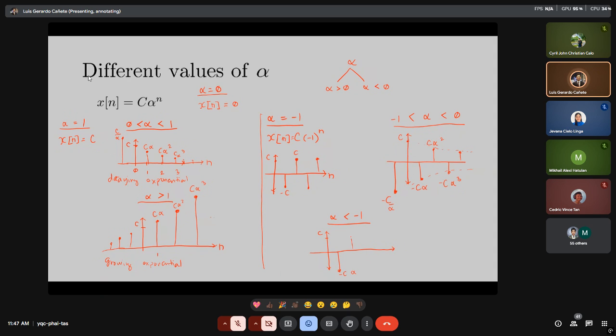And then the next one is going to be even bigger, but it's going to be on the positive side, and that's going to be c alpha squared. And then if you continue, it's going to go to a much larger number, c alpha cubed, and then negative. And then, of course, you would have that at 0, and then you would have a smaller number here.